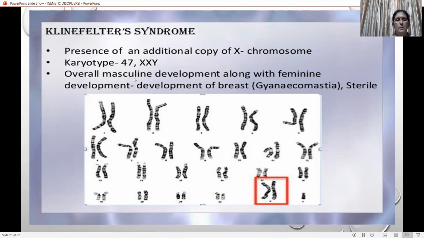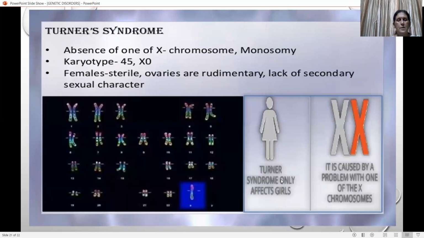There is overall masculine development along with feminine development, such as development of breasts, but the males are sterile. Here you see one extra X chromosome present along with the Y chromosome.